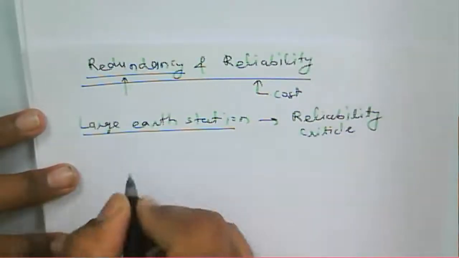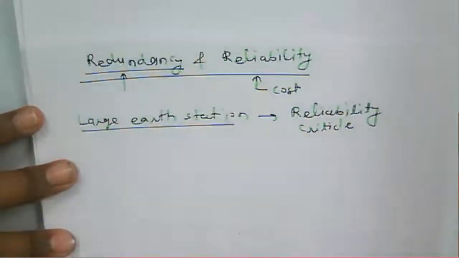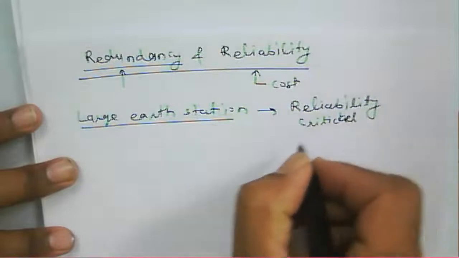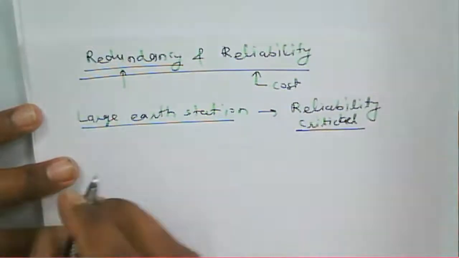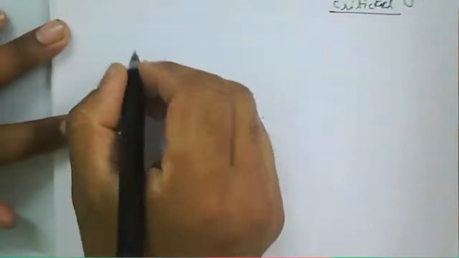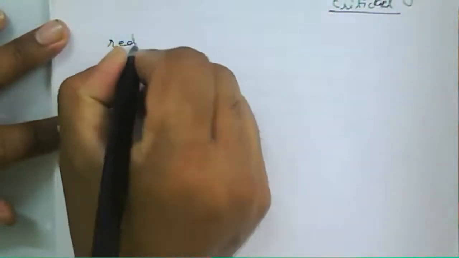So for improving the reliability there, we need to provide redundancy in the critical subcomponent.